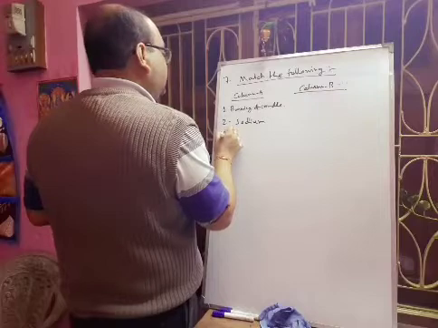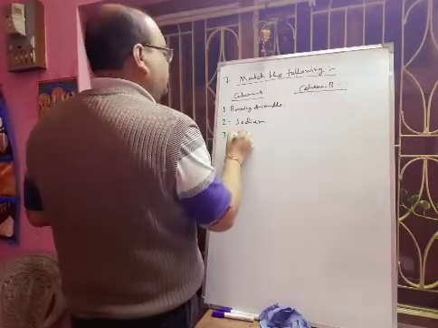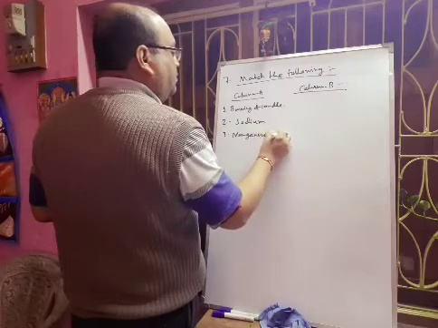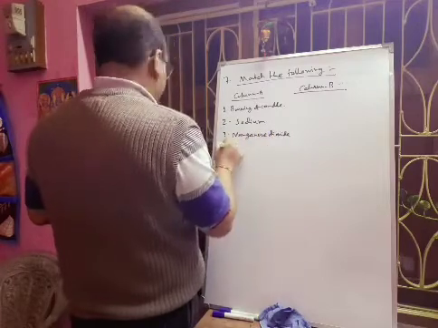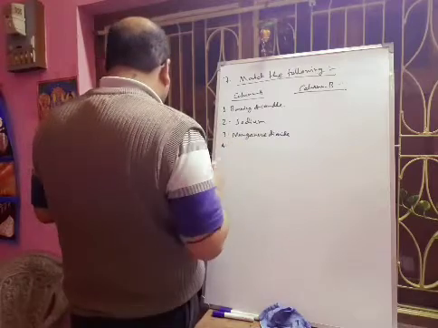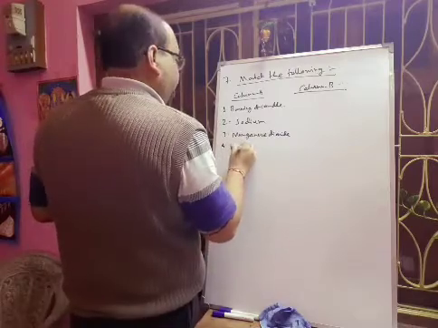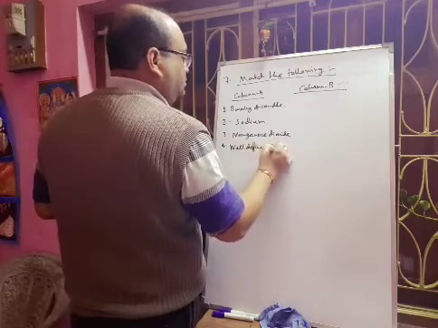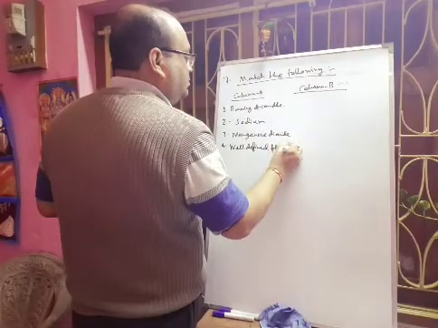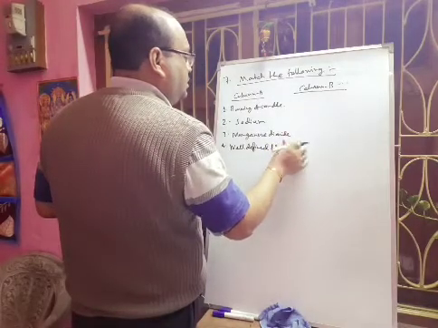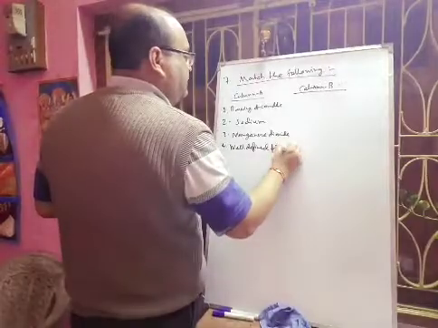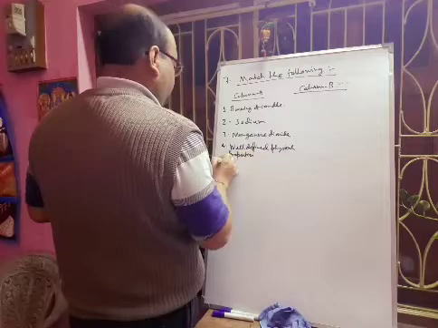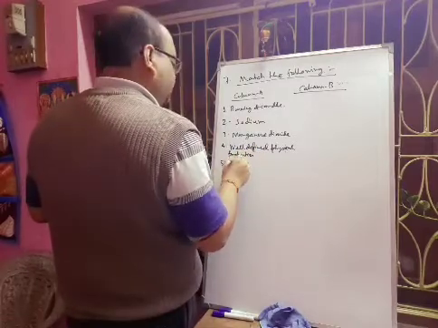Next is given manganese dioxide. Four, well-defined physical properties. 5, acid rain.